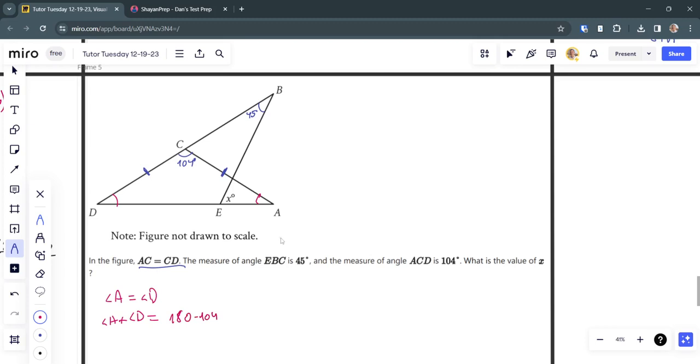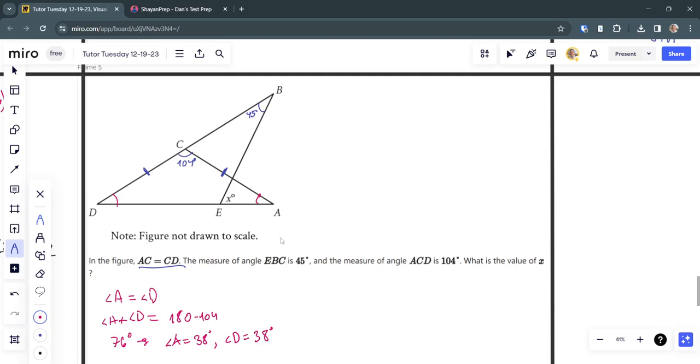So subtracting 104 gives us the remaining amount of angles. So that's going to be 76? 76 degrees split between the two means that angle A is half of that, and angle D is the other half. Yeah, X should be 83.